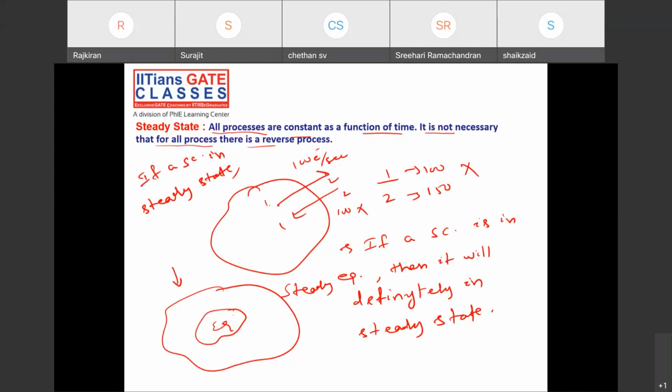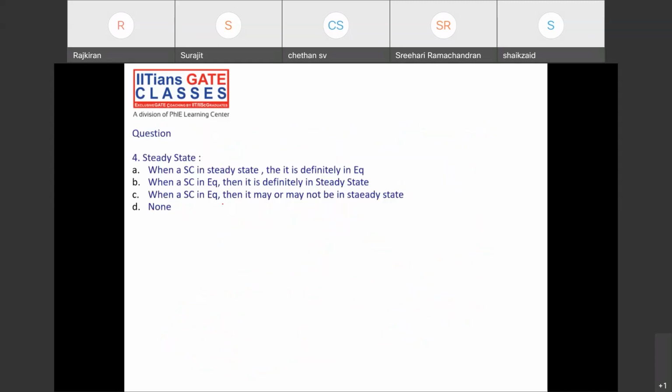There is a question for you. A: When a semiconductor is in steady state, then it is definitely in equilibrium. B: When a semiconductor is in equilibrium, then it is definitely in steady state. C: When a semiconductor is in equilibrium, then it may or may not be in steady state. Which one is right? B only.